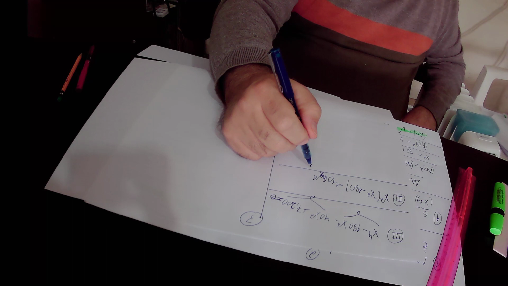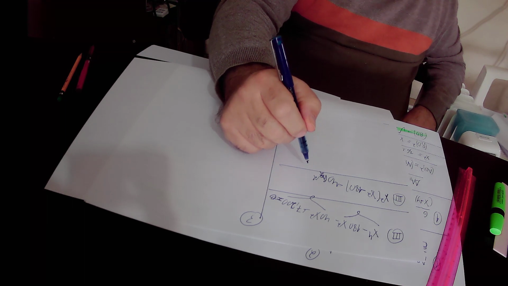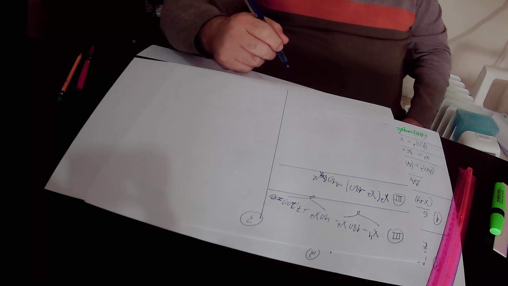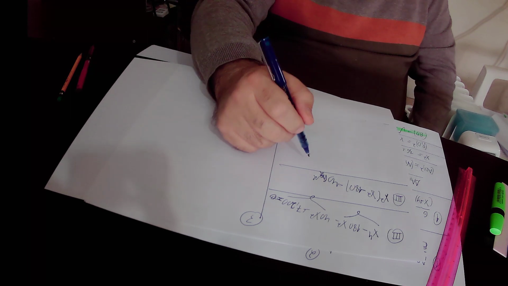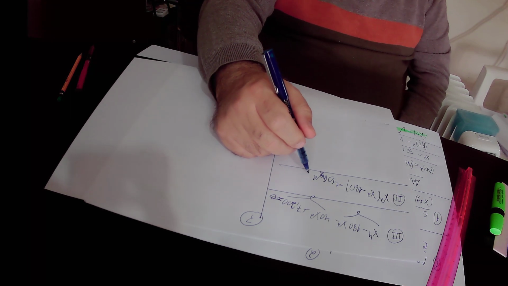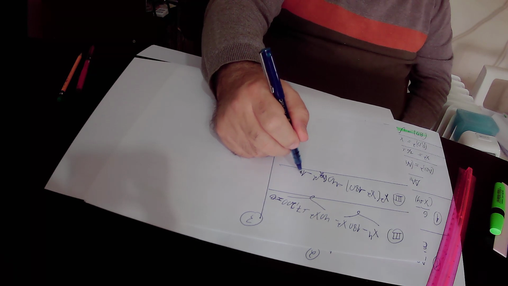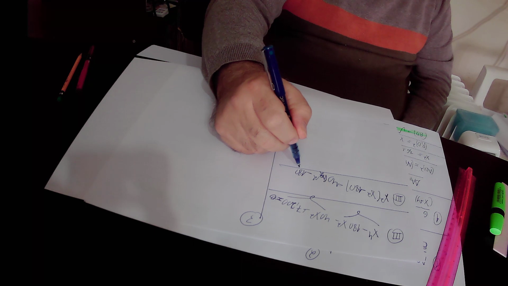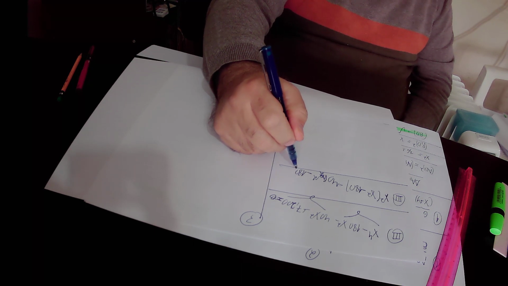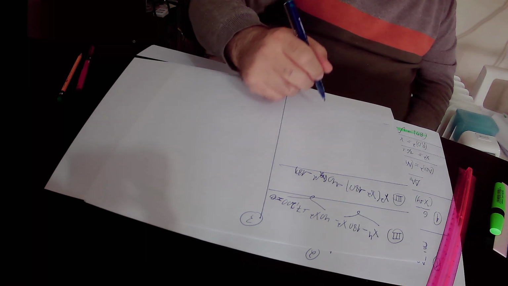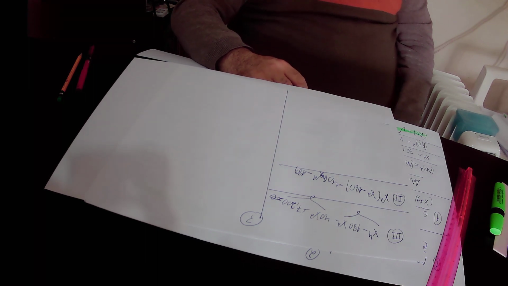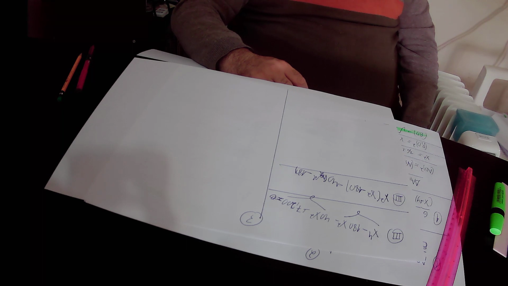And what is left from 7200 after we took from it minus 40 as a common factor? What is left is actually minus 180. Why? Because minus 180 times minus 40 is equal to 7200.